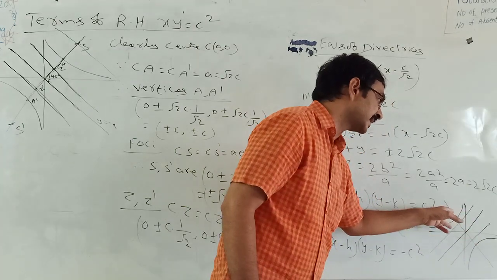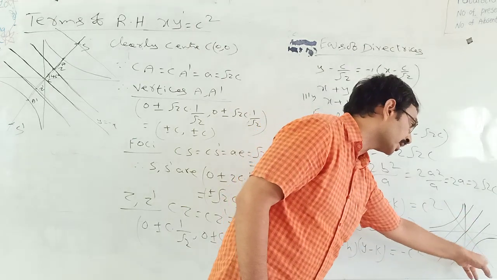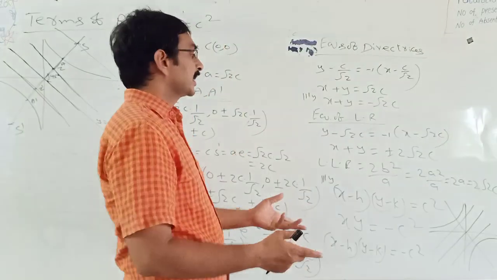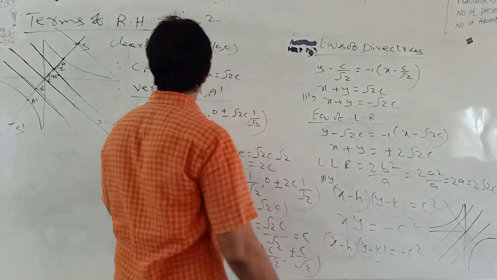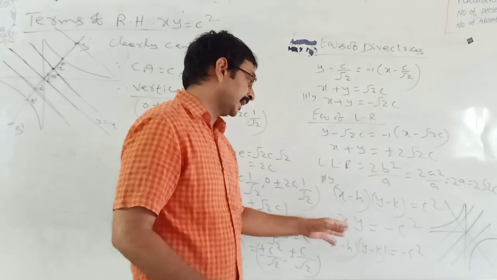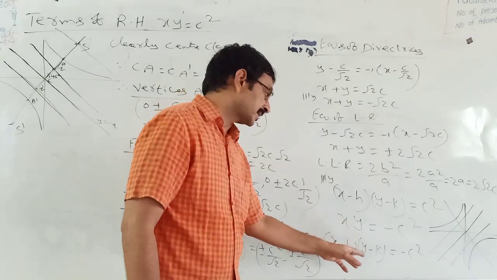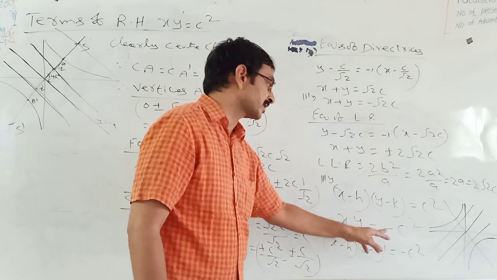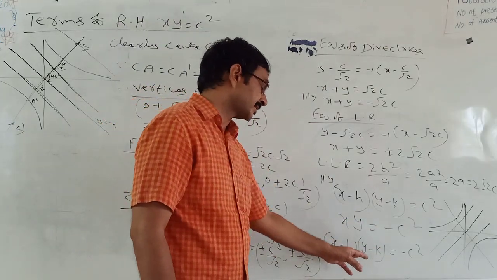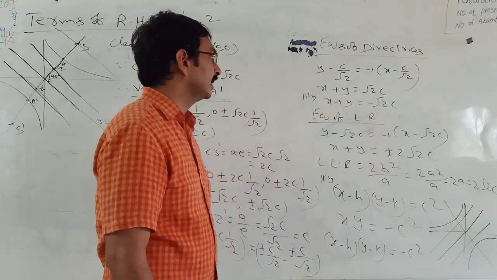Thus we can write the terms of this one from the terms of xy = c². Again, we can write the terms of (x − h)(y − k) = −c² from the terms of xy = −c² by adding h to the x coordinate and k to the y coordinate.